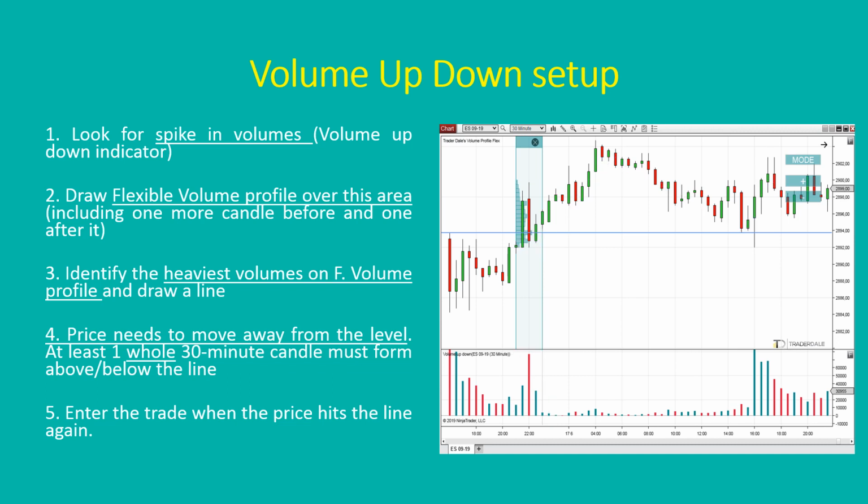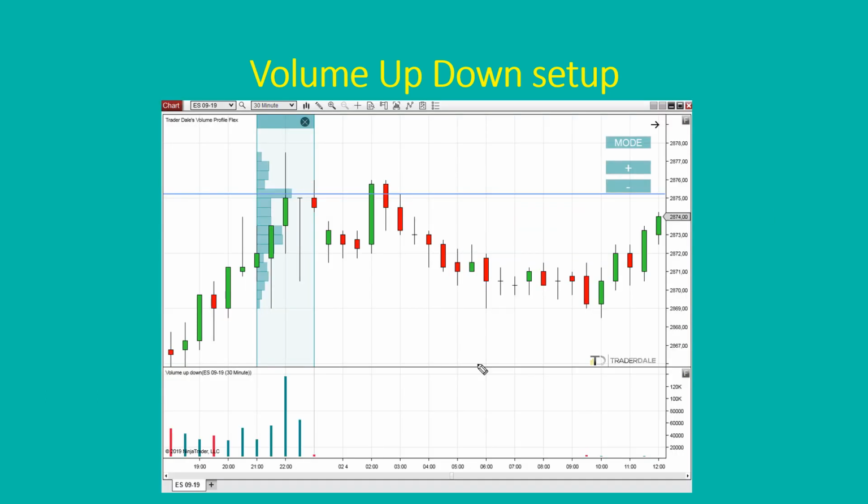Let me show you one more example. In here, you see unusually big volumes, a volume spike, those 3 big candles. So you draw the flexible profile over this area, including those 2 small candles around. This is the place where you draw the flexible profile.